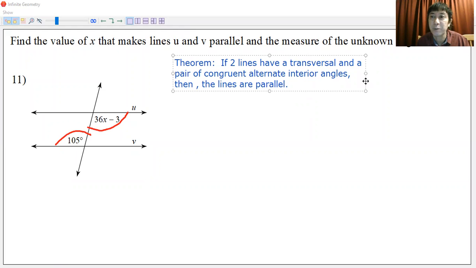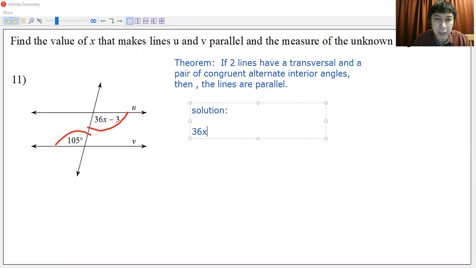So the two angles must be equal. So in our solution, we equate the angles. 36x minus 3 must be equal to 105. And we solve for x. So we add 3 first. 36x must be equal to 108.